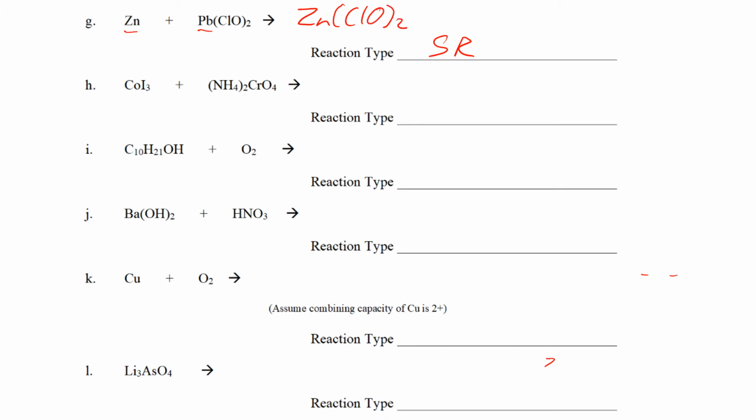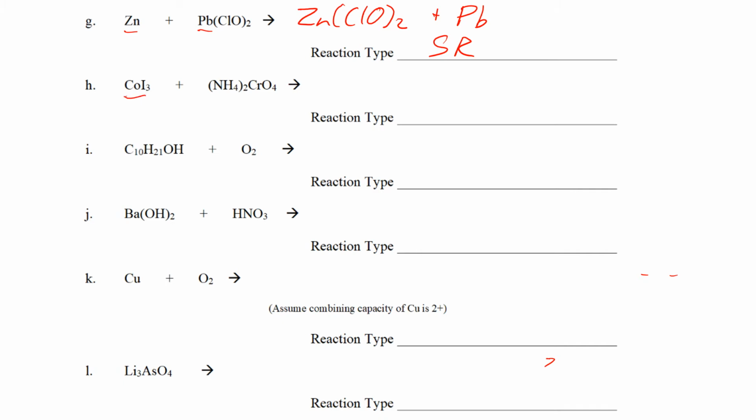Zinc is 2 plus, and so therefore it replaces ClO2 just like that. Chlorite or ClO2 is 1 minus, and so when you swap and drop, it's just Zn(ClO2)2. And then Pb is going to be left by itself. Pb doesn't have any subscripts on it because it's not diatomic. It's not part of the diatomic 7.